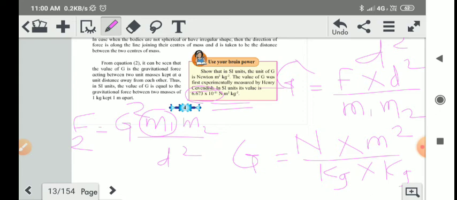If we triple the mass of one object, then we have to multiply force also by 3. That is, when we triple the mass of one object, force also becomes triple. When we multiply the mass of one object by 4, then force is also multiplied by 4. Okay, so this is about mass and force.